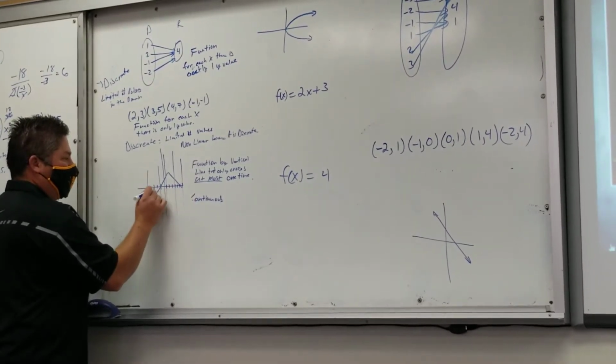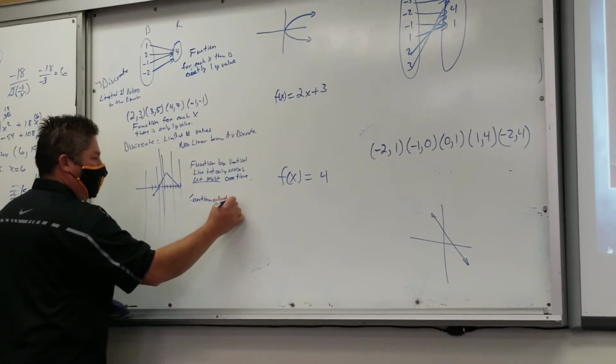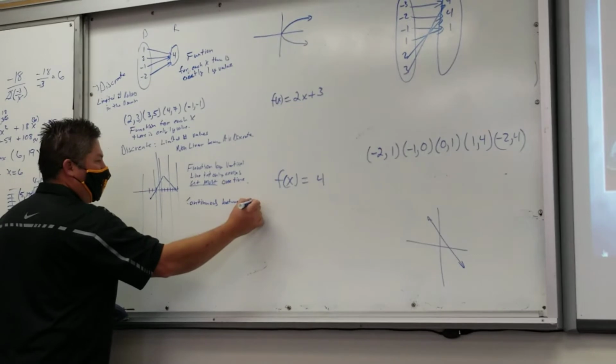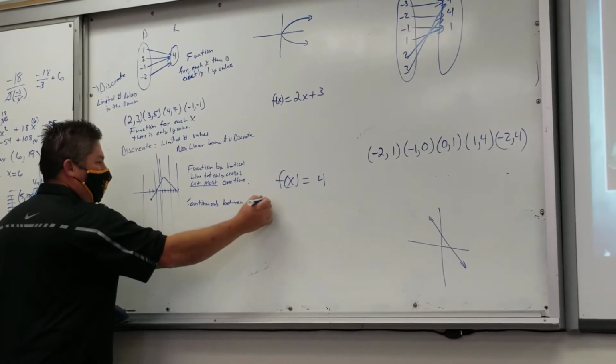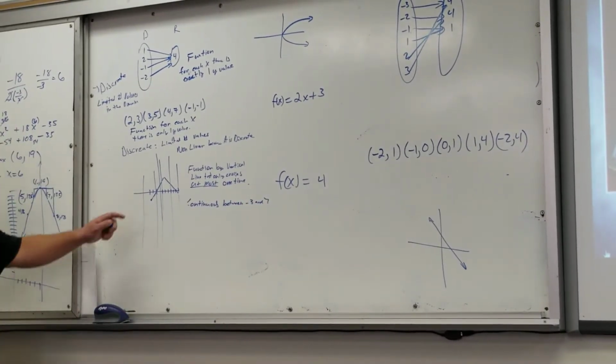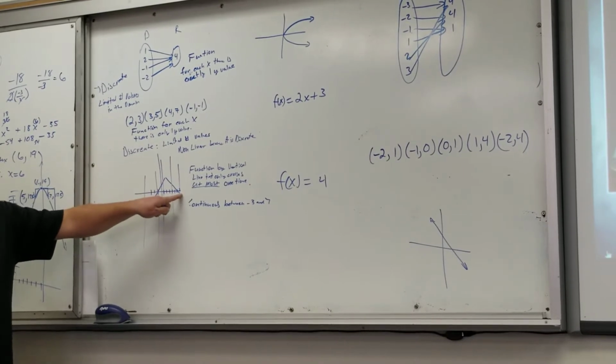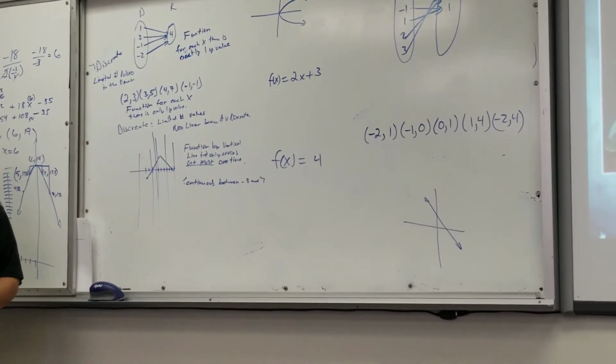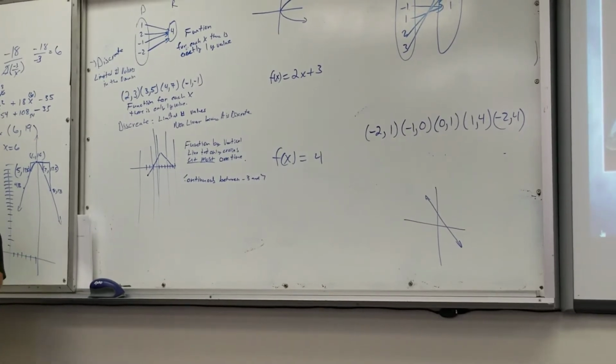So if I was to say, hey, it's continuous between -3 and 7. Okay? Meaning that from here to there, it's continuous. But otherwise, it would be discrete because it has a beginning and an end.